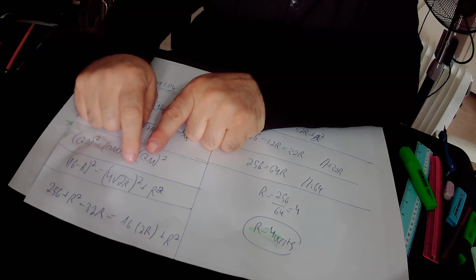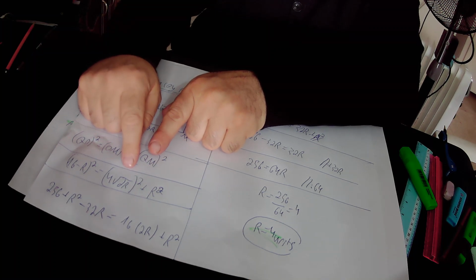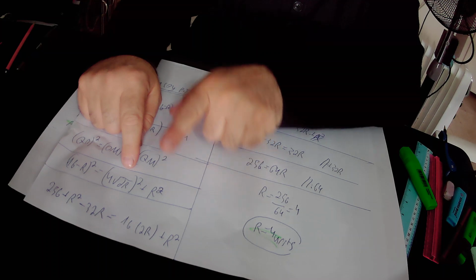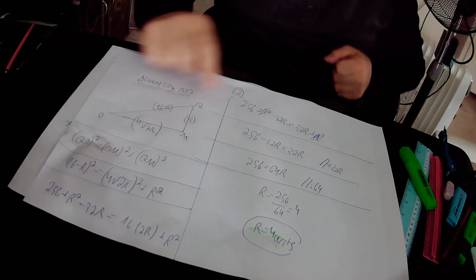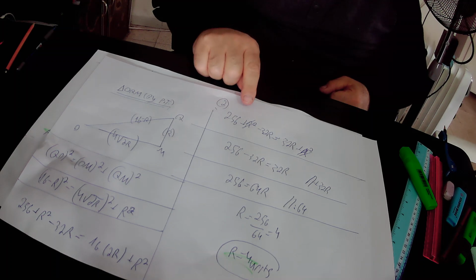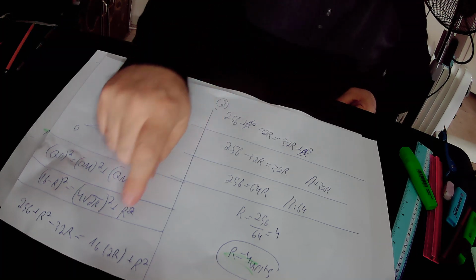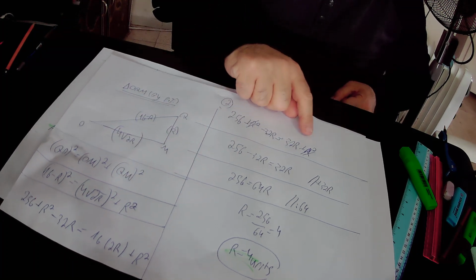The power cancels the root, leaving only 2R. So this expression equals 16 times 2R plus R squared. So 256 plus R squared minus 32R equals 16 times 2R, that is 32R, plus R squared.